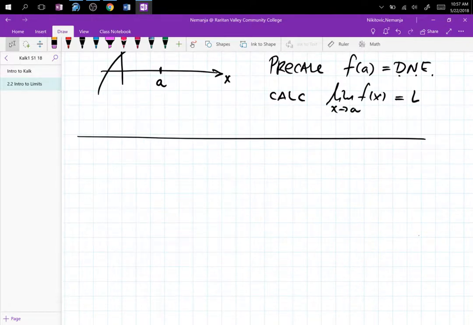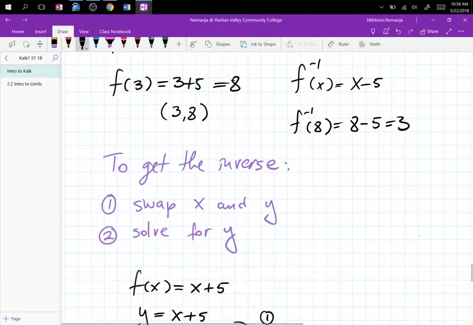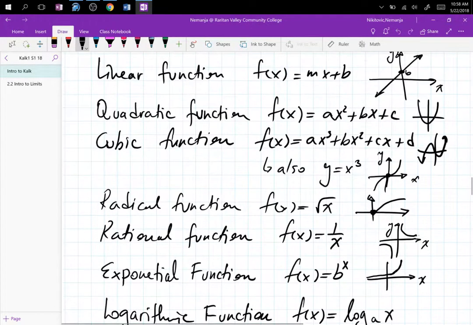So first of all, you can always solve the limit problems by computing values, right? Which is the same idea with graphing. You can always graph a function if you compute x and y values as points and then connect the dots, like in a coloring book, right? So you don't have to know the basic shapes of functions. I gave you the basic shapes of functions in a previous lecture, yesterday.